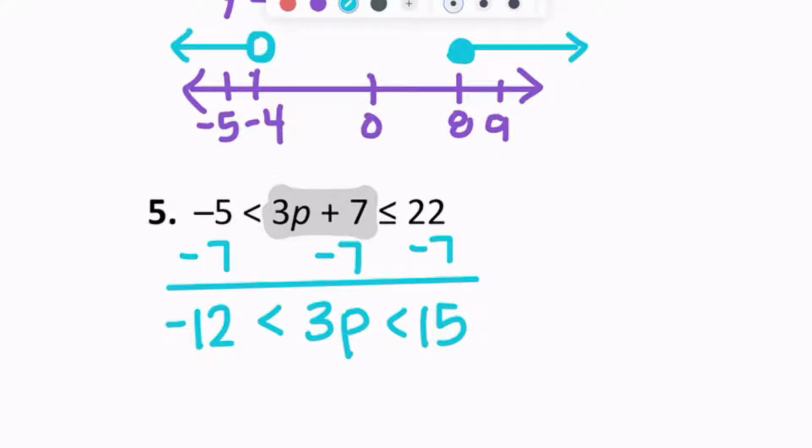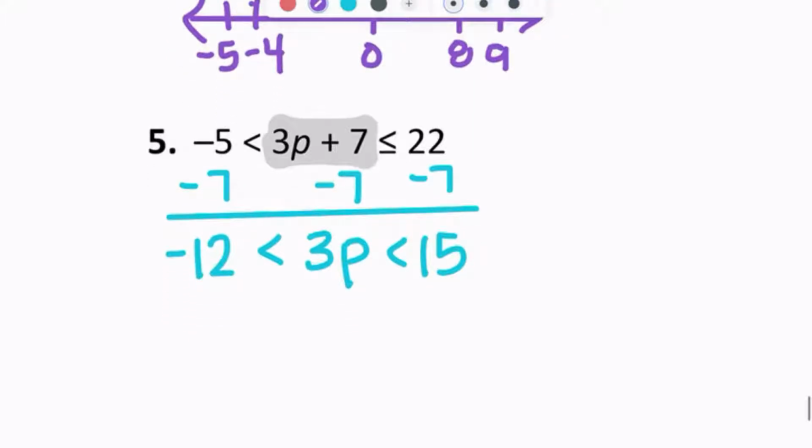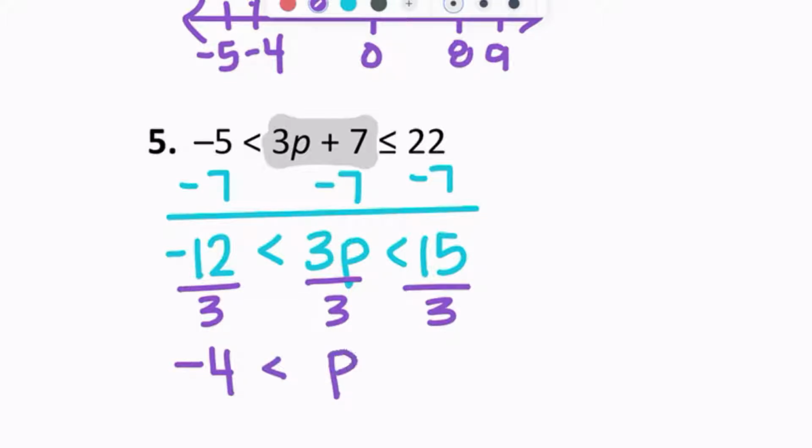And so now I have 3 times p, and so the undo of multiplication is division. And notice I am not dividing by a negative. I am dividing by a positive, so I don't have to flip anything. So -12 divided by 3 is -4, is less than p, is less than 15 divided by 3 is 5.